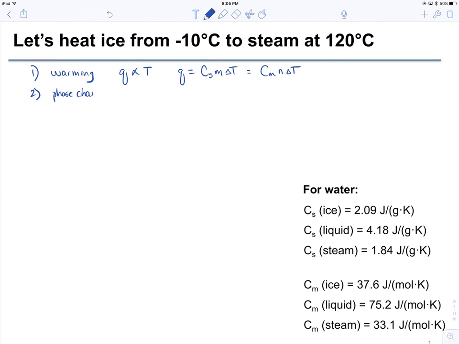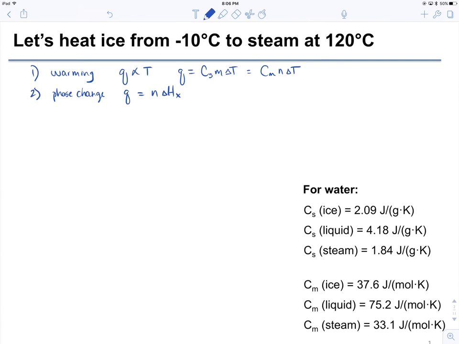And here Q is equal to the number of moles times delta H of whatever process is happening. This is delta H of fusion, delta H of freezing, any of those 6 options that we have.